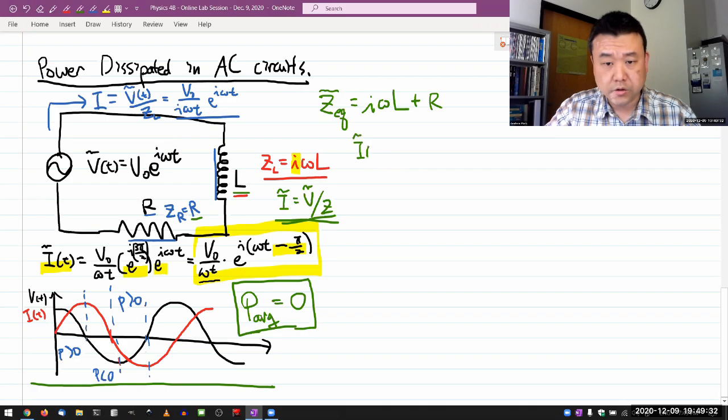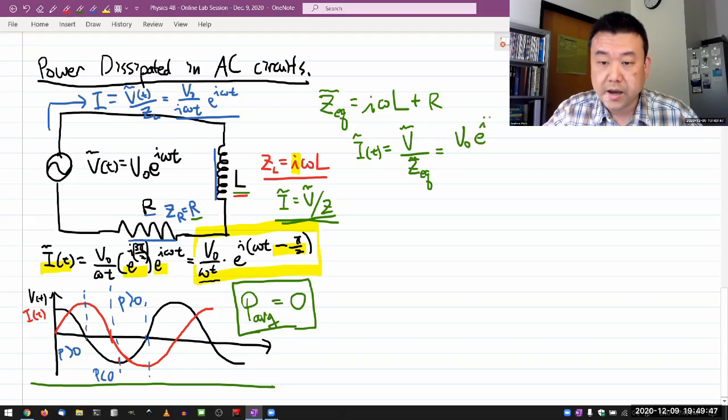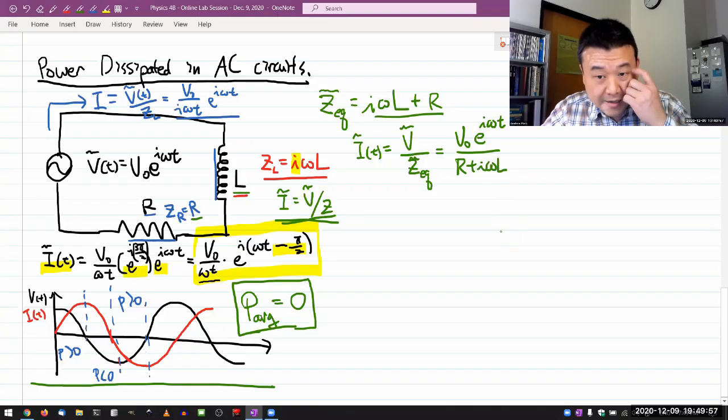My current as a function of time is going to be my voltage divided by the equivalent impedance. Oh, I guess not as a function of time. So it's going to be V naught e to the i omega t divided by this thing, R plus i omega L. And you can see that some aspect of this will be complicated.